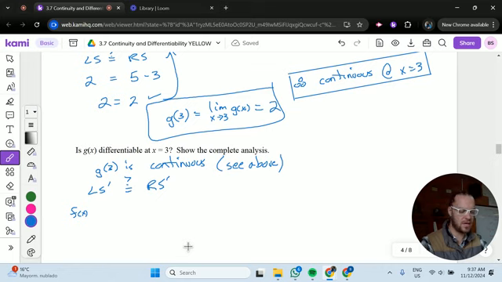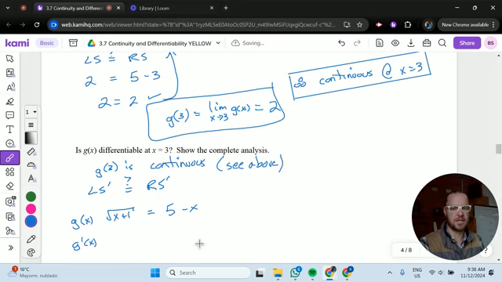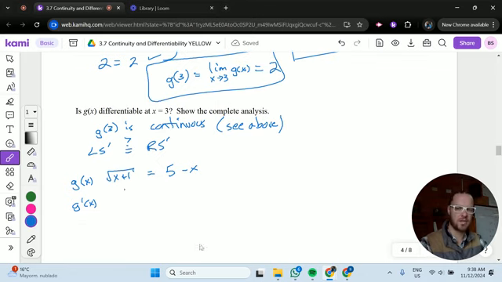So g of x was the square root of x plus 1 on the left, and on the right, it was 5 minus x. So when we're doing it for the derivatives, it's going to be 1 over 2 square root of x plus 1. And this one is just going to be negative 1.